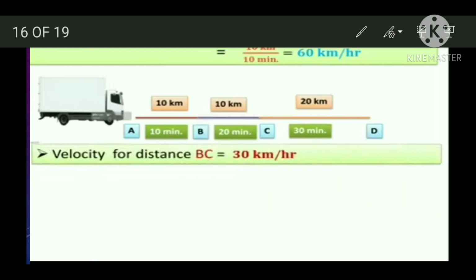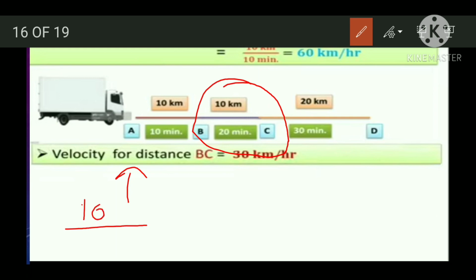Now, we will calculate again for BC. Velocity for distance BC is equal to, again same formula, displacement upon time. Displacement is 10 kilometers, but here time is different, 20 minutes, right?